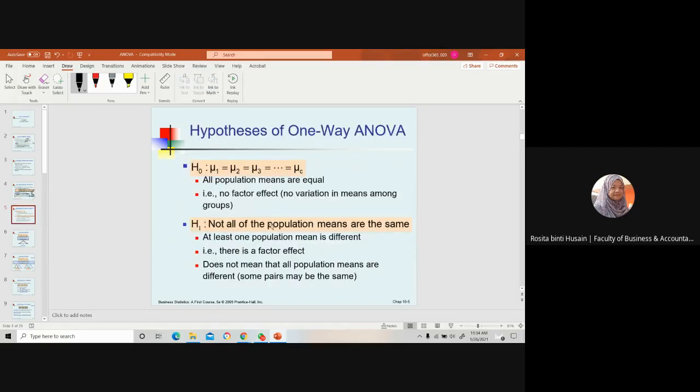So this is a hypothesis of one-way ANOVA. One-way ANOVA only one type of hypothesis, because in one-way ANOVA we are more interested in the differences between means, because we assume that means are equal or sample drawn from the same population.